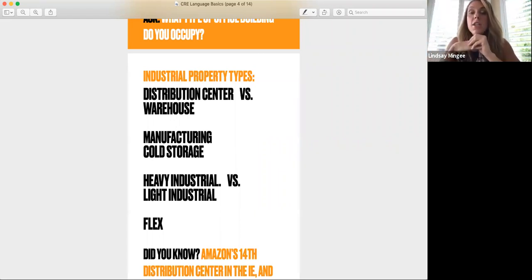Distribution centers are where that is the purpose of the property, to facilitate these logistics: the income of goods, the outward distribution of goods. Distribution centers are designed to facilitate all of that flow. So when we talk about a warehouse building, when we talk about an Amazon logistics center, that's a distribution center.